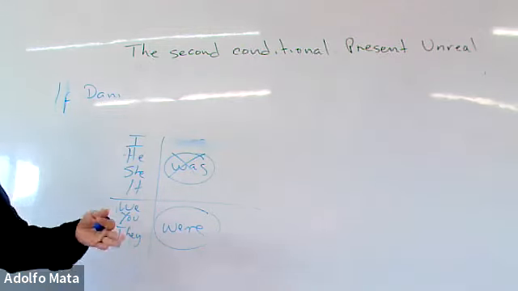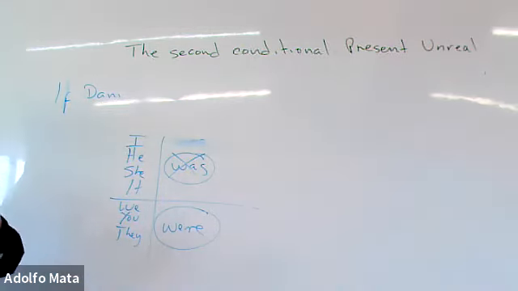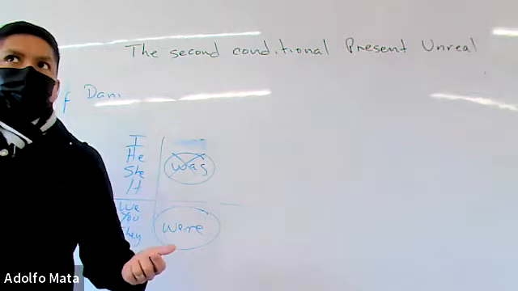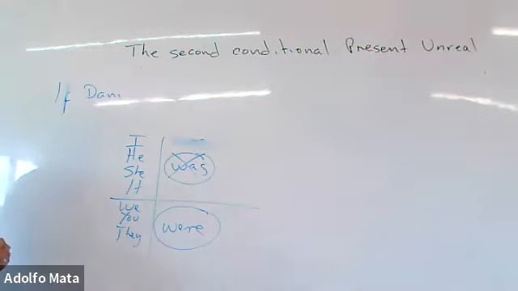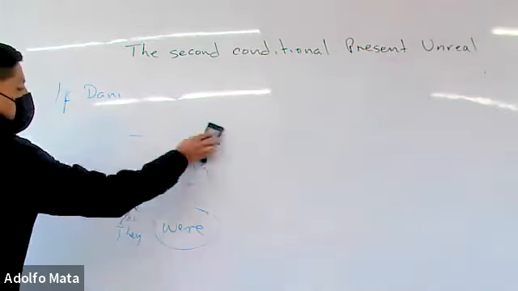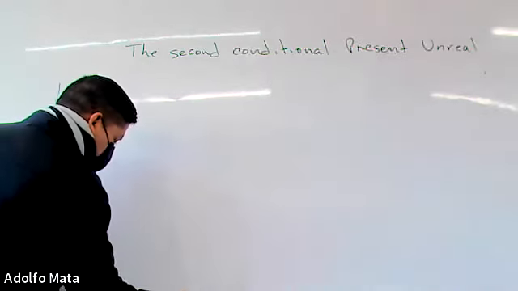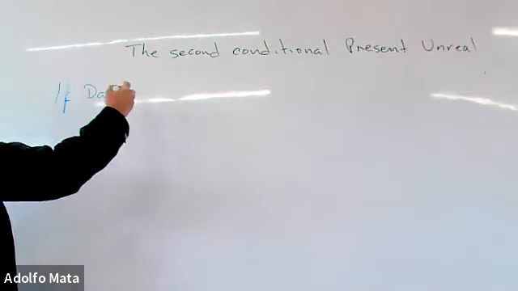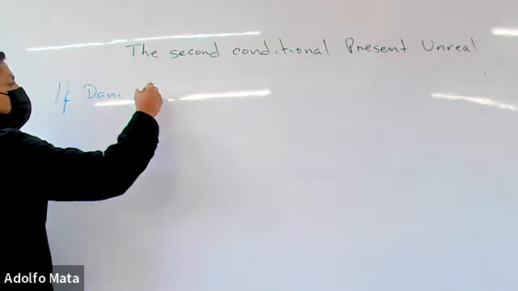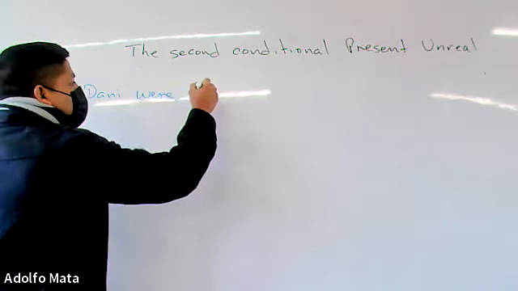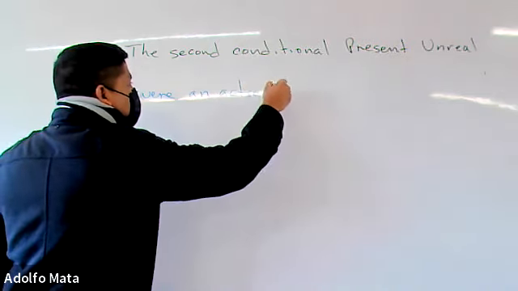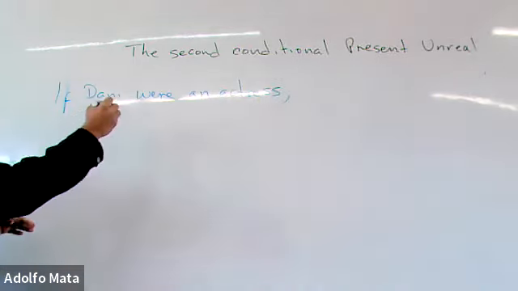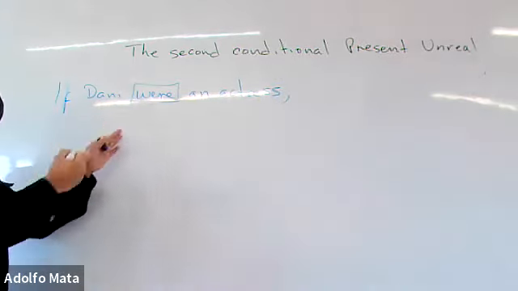In any other sentence, it would be incorrect to use, for example, if I say, I were working, it's not correct. But let's suppose that we say, if Danny were an actress, if Danny were an actress, I did not say was.